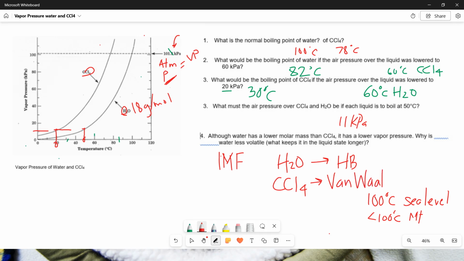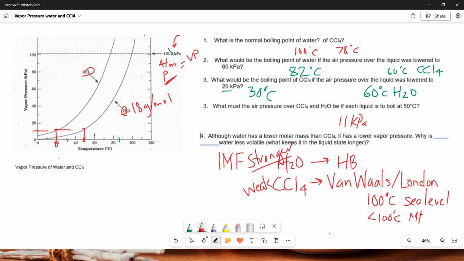And just quickly, I don't want to get into a long discussion about this because I'll have videos coming up, this is the weaker one, the van der Waals, and the hydrogen bonding of the water is the stronger one. So the cohesion between the water is stronger, and therefore it's going to take more energy to pull them apart and let them change from the liquid state to the gaseous state. And so that is why that occurs.